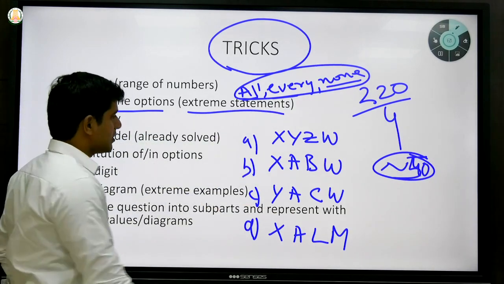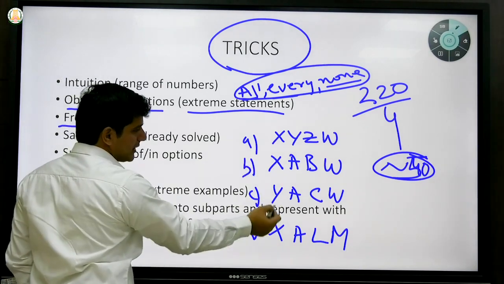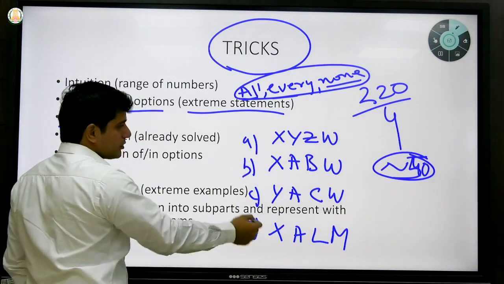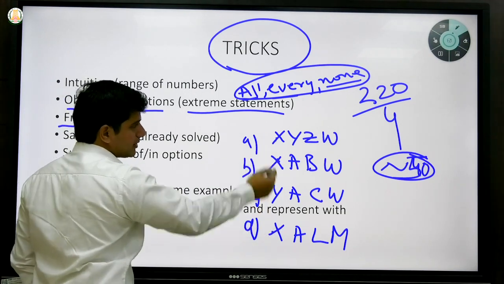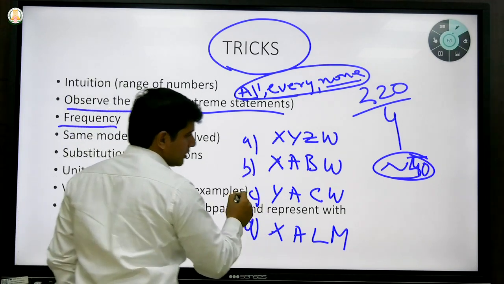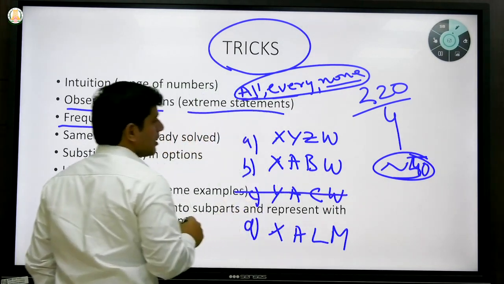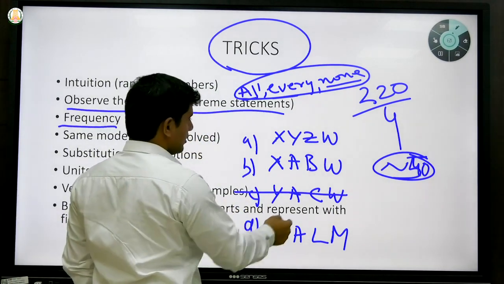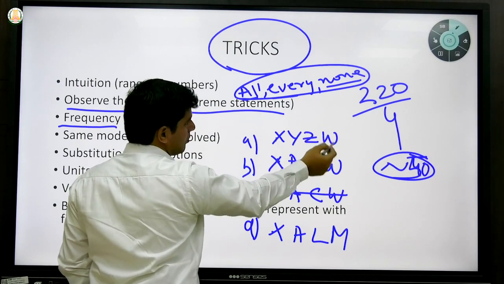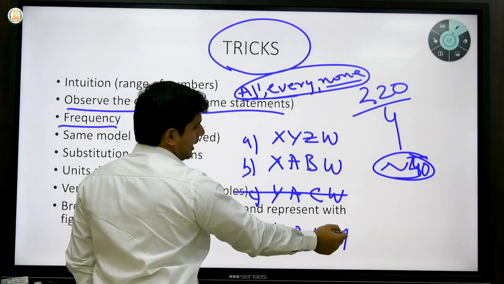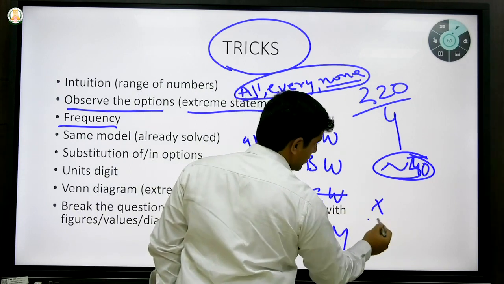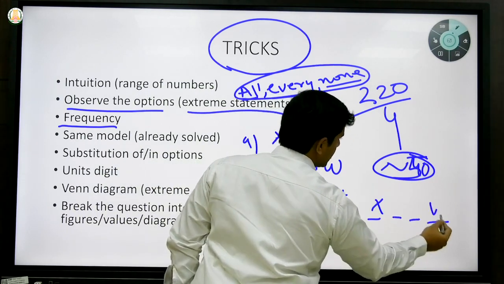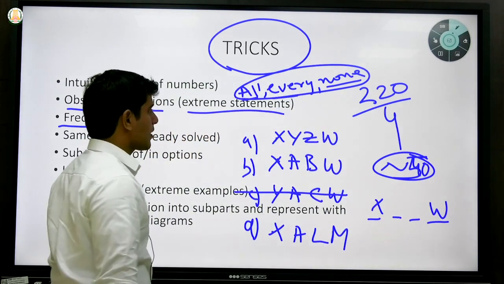In this case, in the first place X is getting repeated in 3 places. In all likelihood X will be the correct answer because there is repetition. So let's say X should be the first place, and the final place should be W, which is repeating thrice.